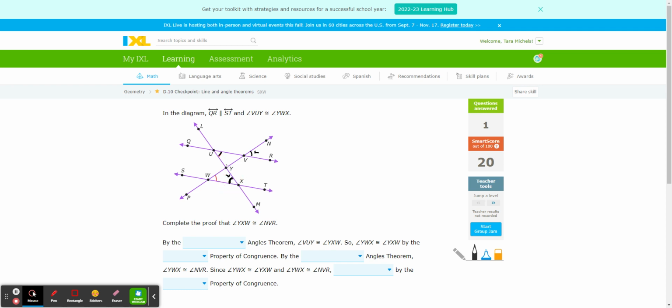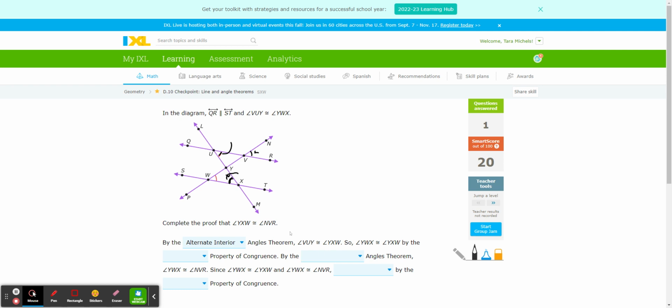Notice these two angles are alternate interior. Since we know QR is parallel to ST, these two are alternate interior. So by that alternate interior angles theorem, angle VUY is congruent to angle YXW.